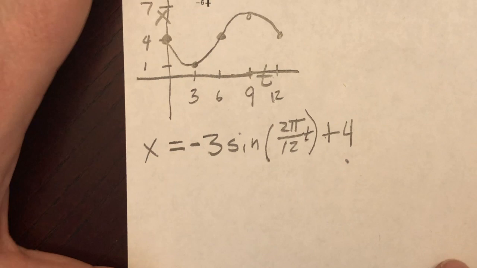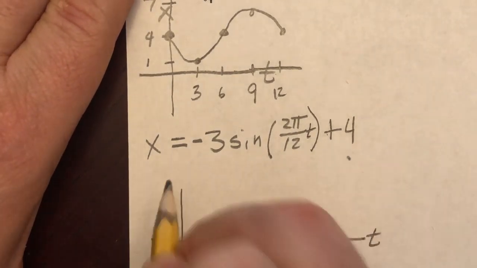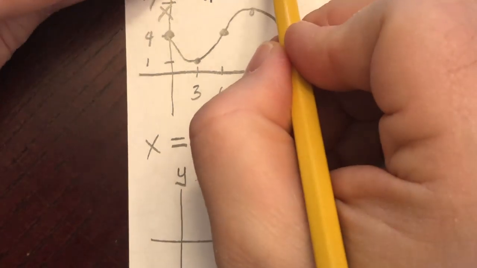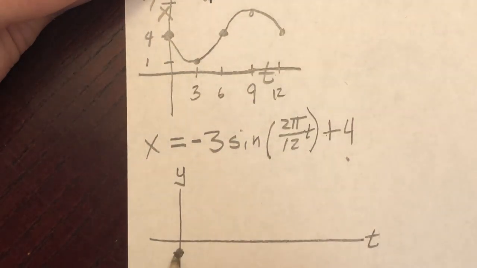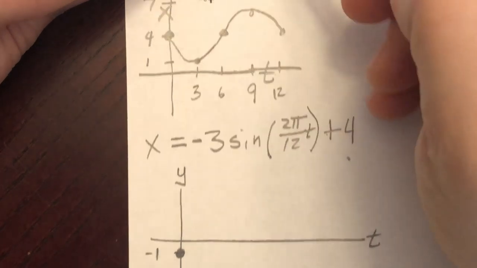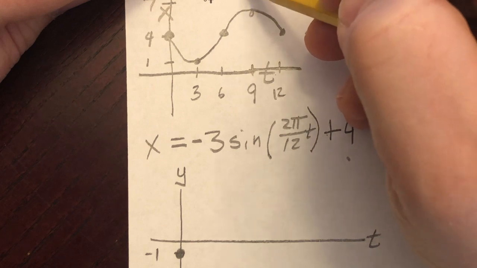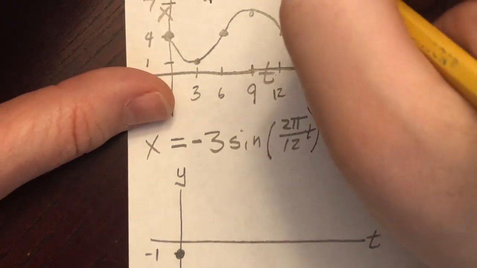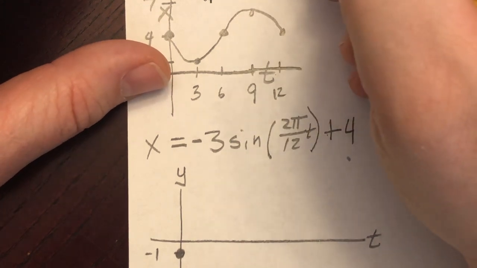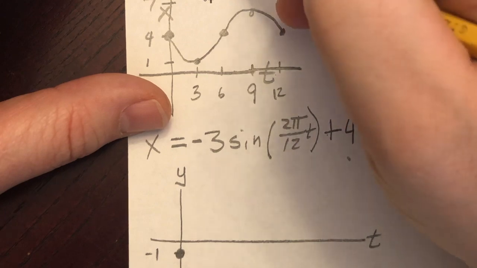Now, if we do the same thing with the y's, t and y. When time is 0, y starts at -1. And y decreases until it gets to here when time is 3. It went high, mid, low, mid.